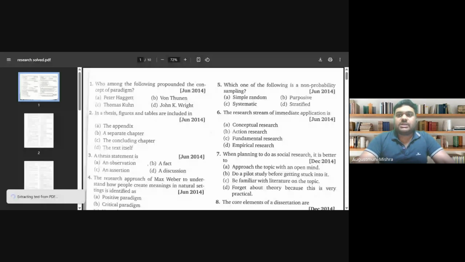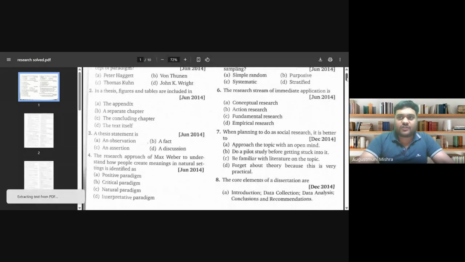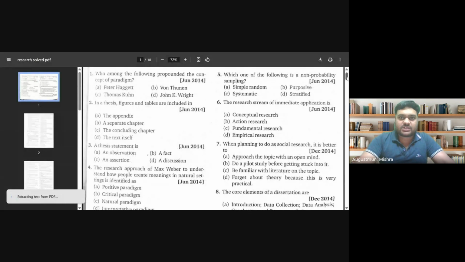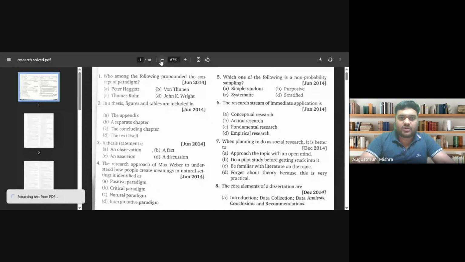Till question 7, you can start solving this. Then I will give you the answers till question 7. I think it is clearly visible to everyone. Just right now, leave question 8. You can solve your questions till question 7.